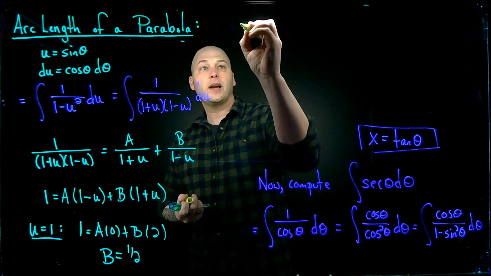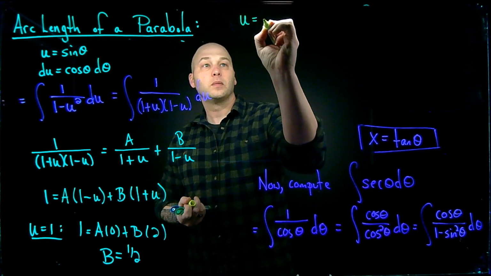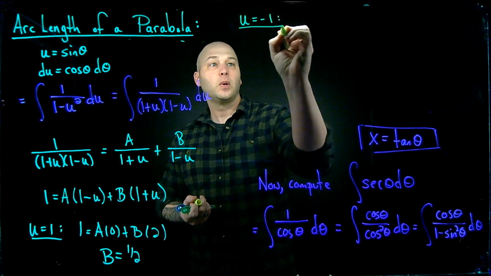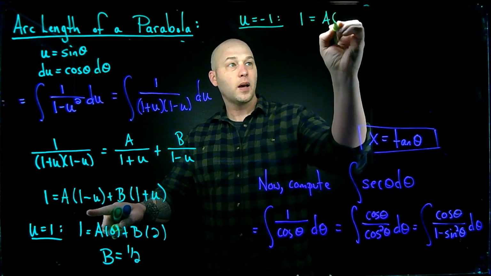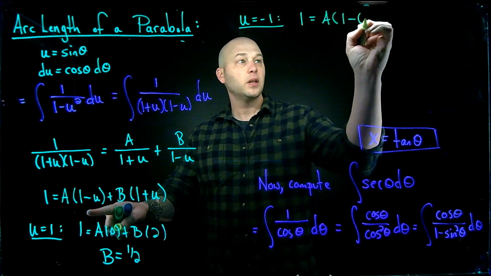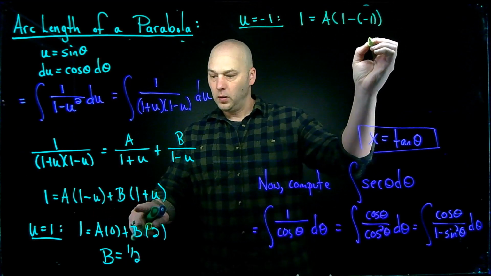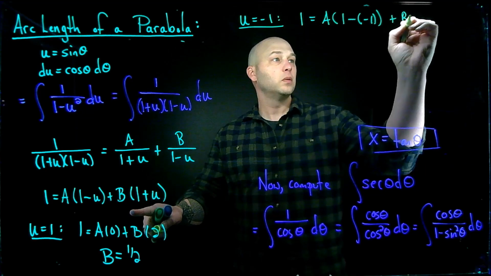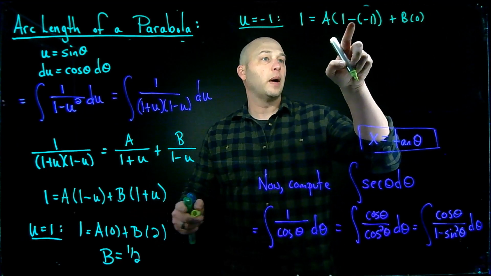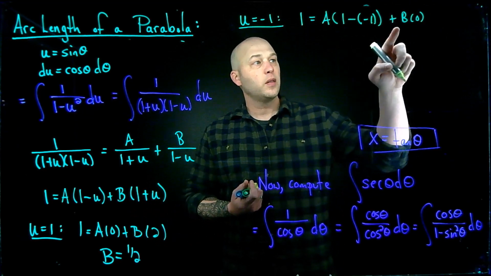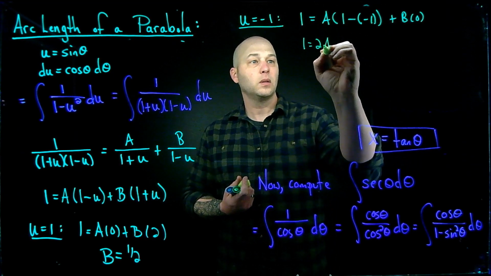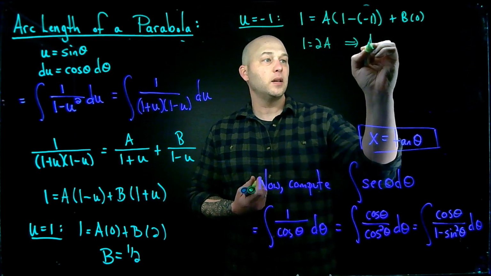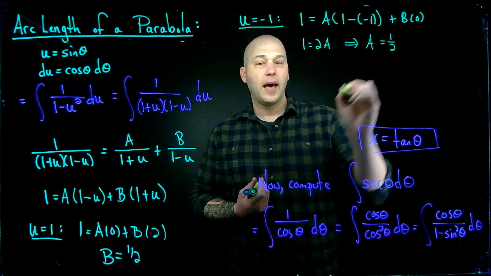So if u is negative 1, we get 1 is equal to A times 1 minus negative 1, plus B times 0. And of course, 1 minus negative 1 is 2. This part's 0, so this is 1 equals 2A, which says that A is equal to 1/2.